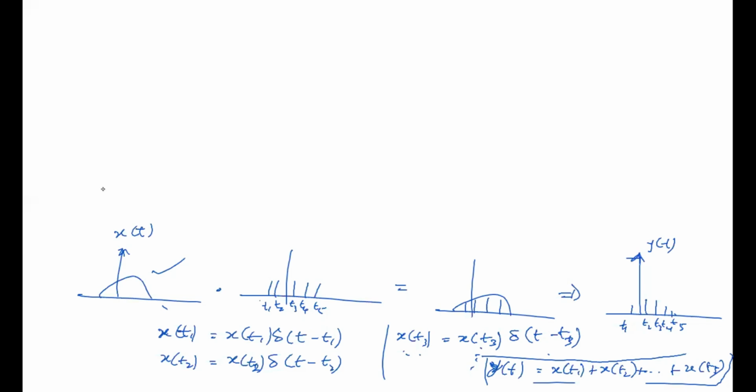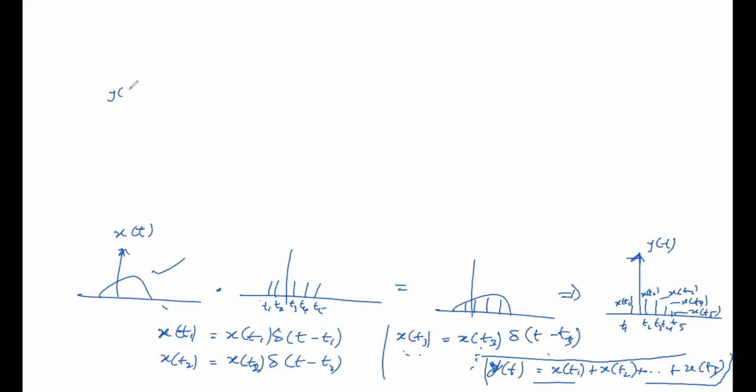Now, we have been able to establish that by applying the unit impulse response on this signal, we have been able to disintegrate this continuous time signal into some samples. This is S of t sub 1, this is S of t sub 2, S of t sub 3, S of t sub 4, S of t sub 5.